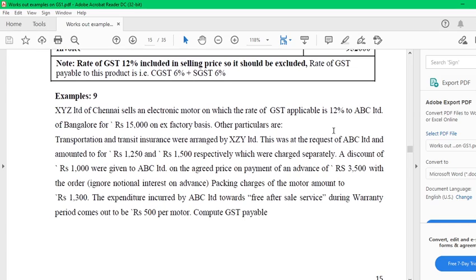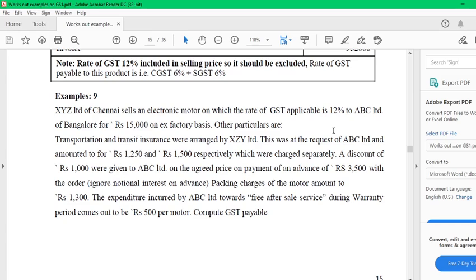Question number 9. X Limited in Chennai sells electric motors, on which the rate of GST applicable is 12%, to ABC Limited of Bangalore, rupees 15,000 on ex-factory basis. Other particulars: transportation and transit insurance were arranged by XYZ Limited. This was at the request of ABC Limited and amounts to rupees 1,250 and 1,500 respectively, which were charged separately.